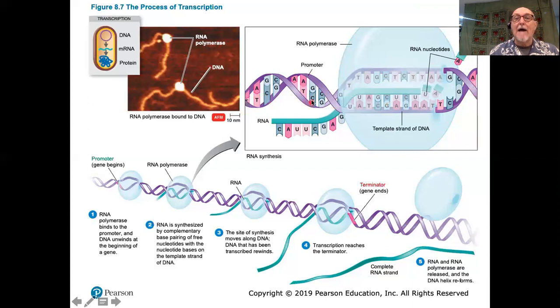So upstream of the gene here, there is a region of DNA which is not part of the functional gene. It doesn't contain information for a protein, but it contains all the information about the gene. You can think of it as a labeling area.